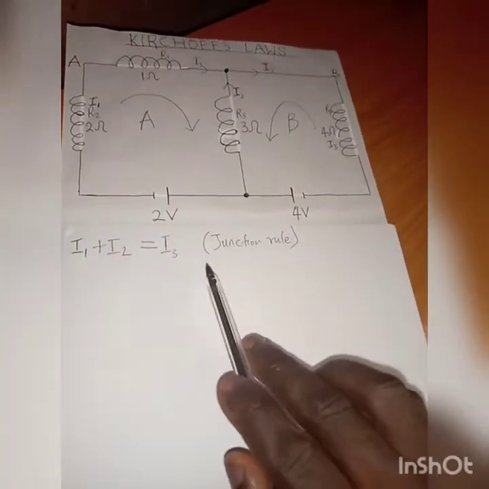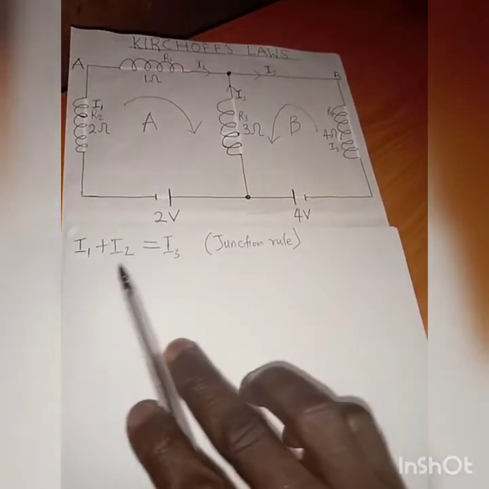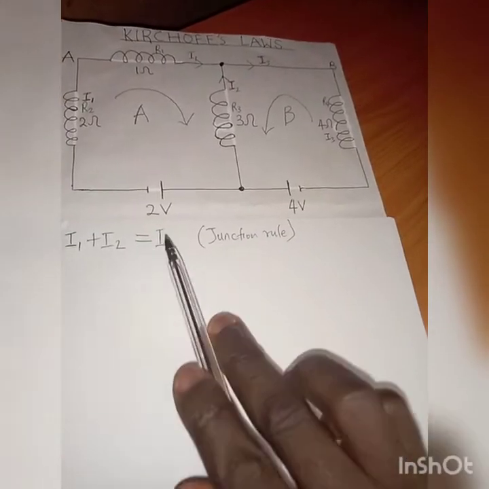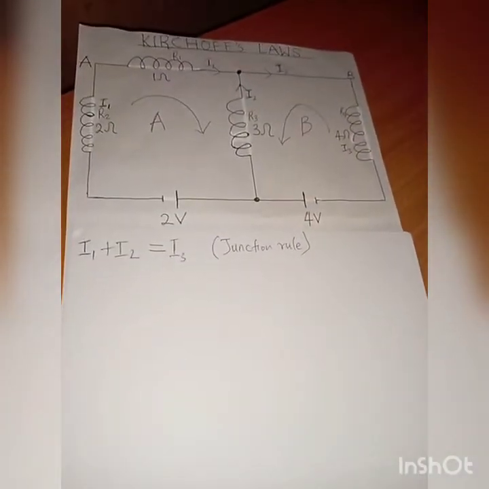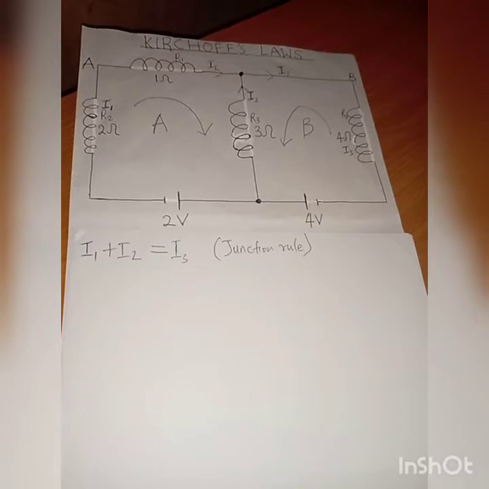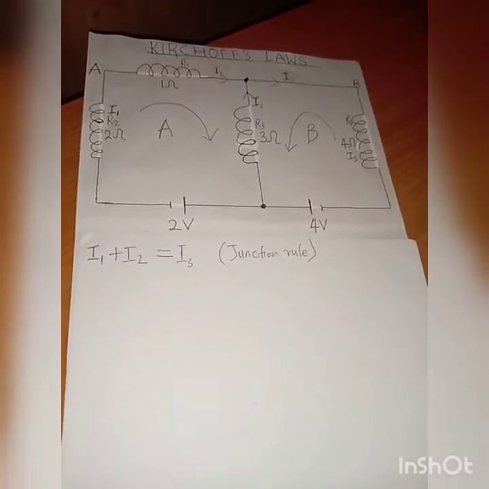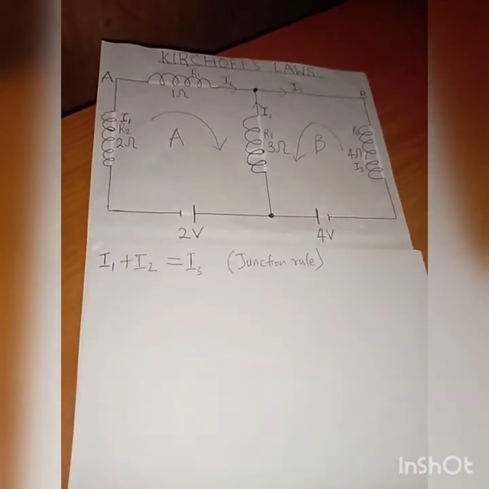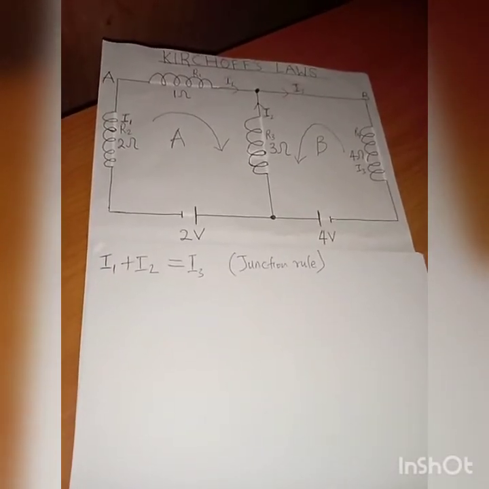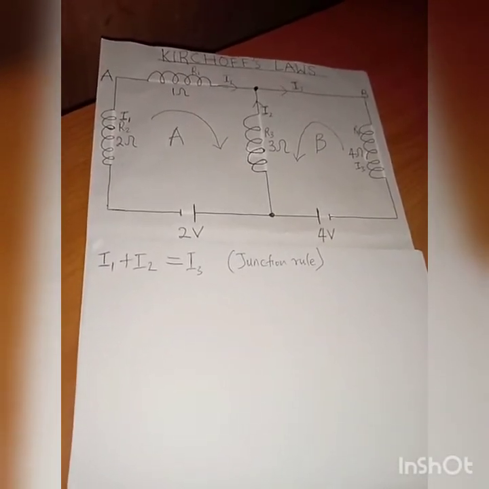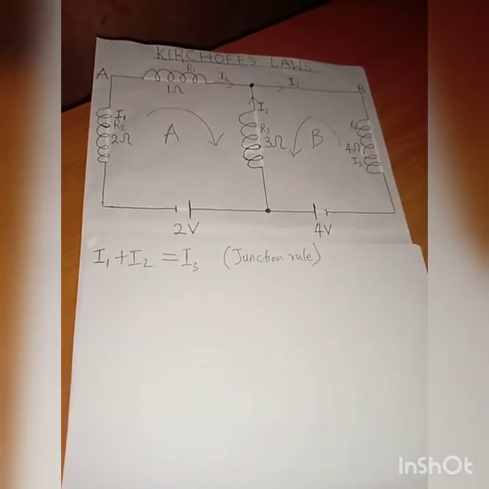After you have written this first rule, after you have represented it mathematically, remember that this first Kirchhoff's rule explains the principle of conservation of charges. Yes, this means that at no junction will charges be created or destroyed.